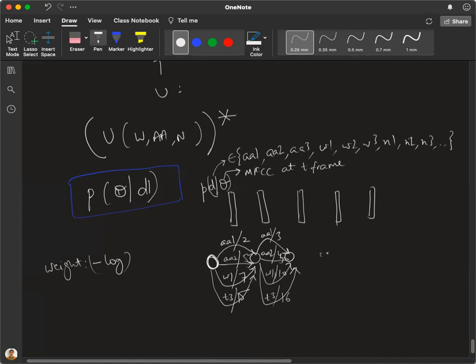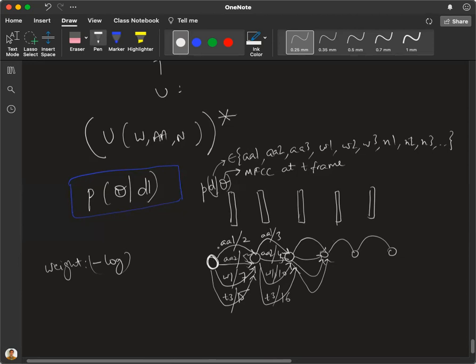Then you make a next transition again, then you again make a next transition, then you again make a next transition. In this way you keep going. Now this is your entire trellis and you want to find the path which has the least weight.